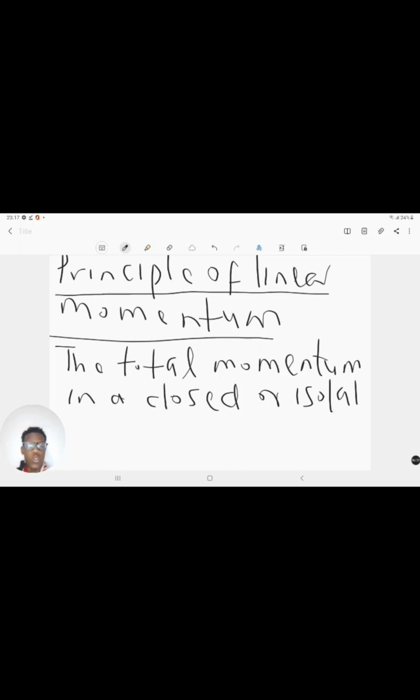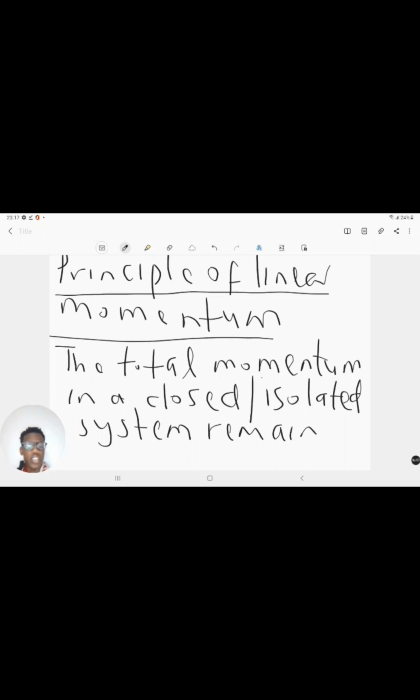If you say closed, you don't need to say isolated. If you say isolated, you don't need to say closed. So let me just write closed dash isolated.